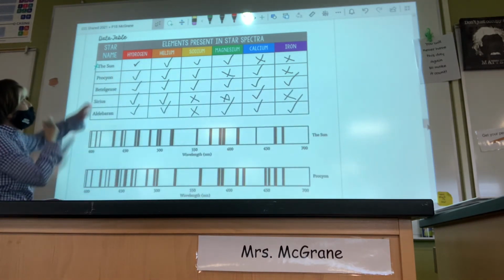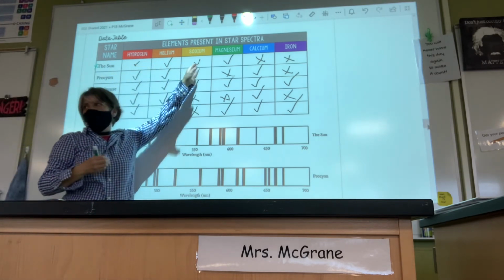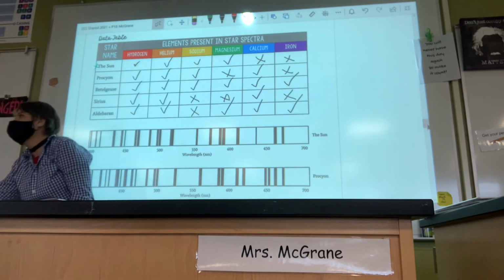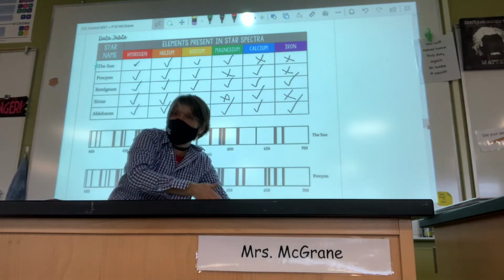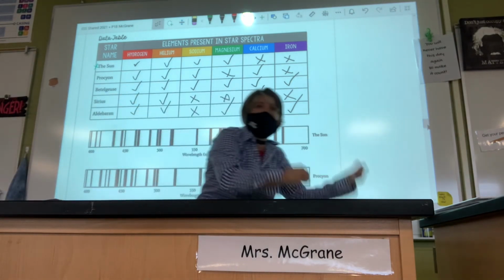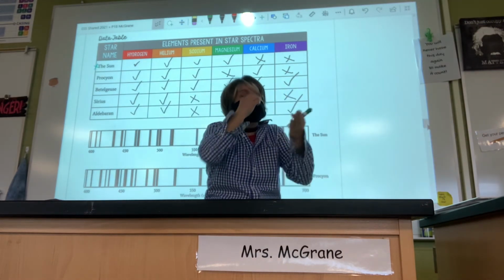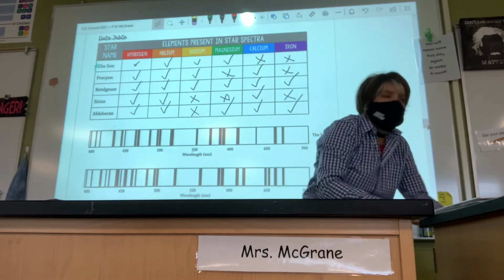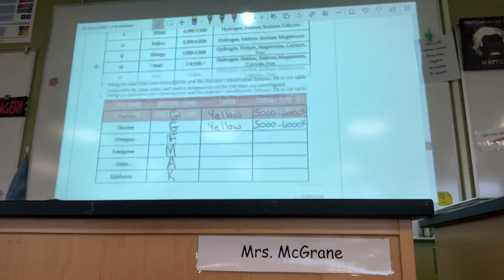So when we look at the elements that are in the sun, it has the least massive elements. It's not that it has the least amount of elements, but when we look at those elements, they have the lightest mass. They have the least amount of mass, which means matter is what makes mass, so it's got the least amount of matter. Good. That was very pleasing to me.